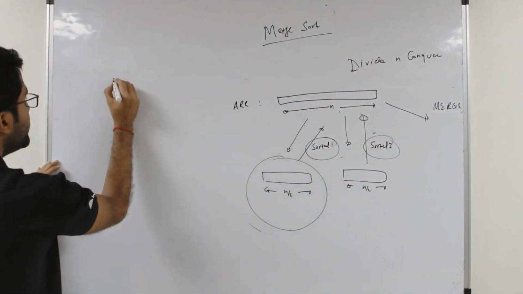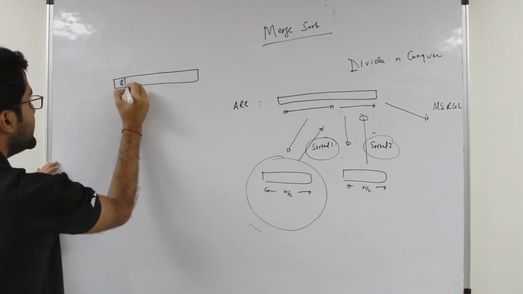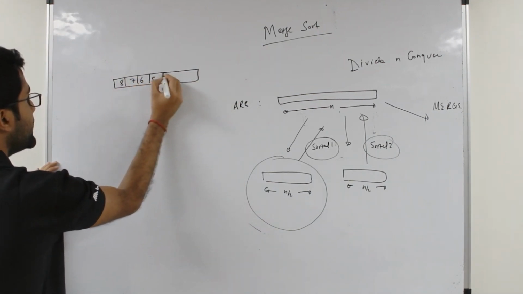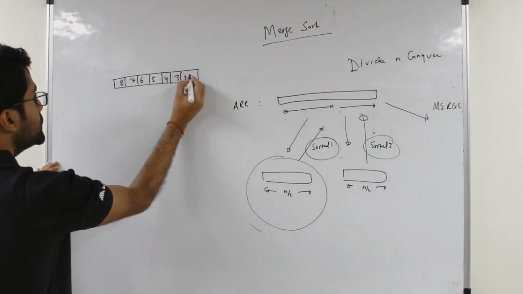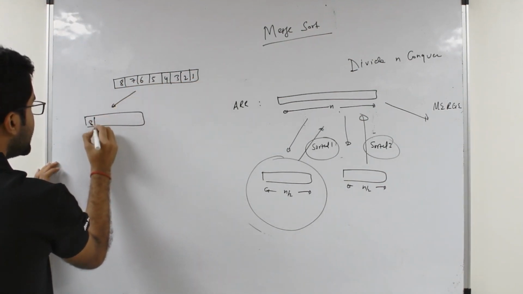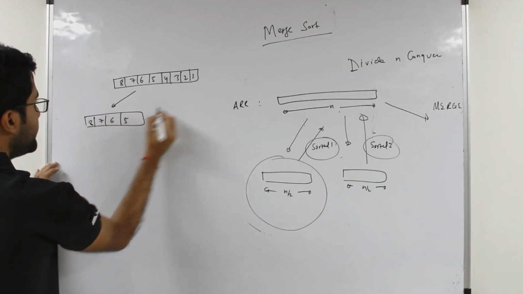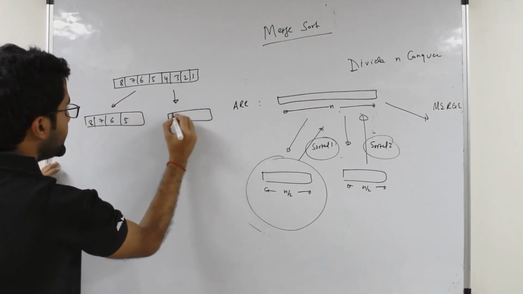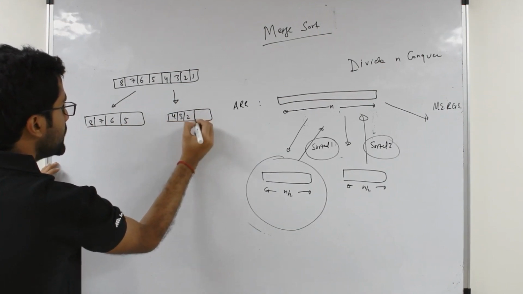Say I have an array that contains 8, 7, 6, 5, 4, 3, 2, 1. Now let's say I divide it into two parts, 8, 7, 6, 5, and the other part containing 4, 3, 2, 1.